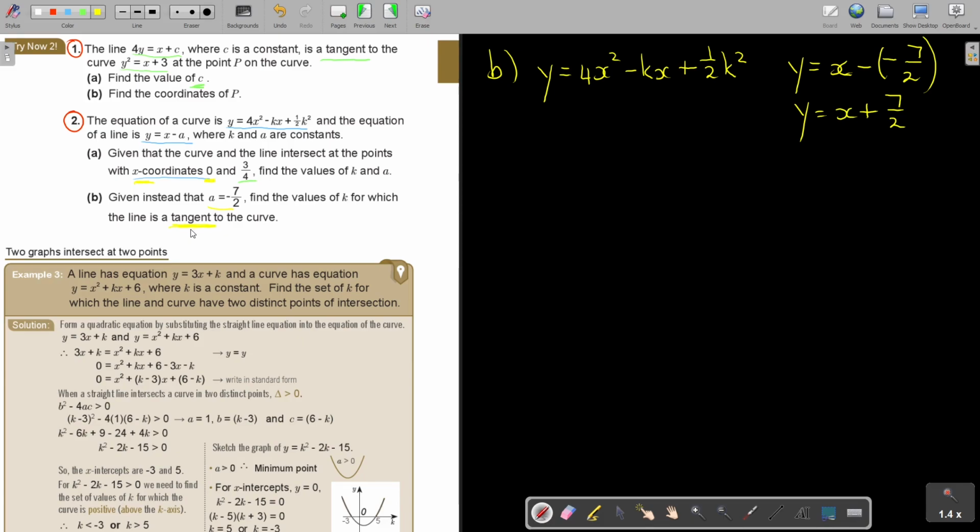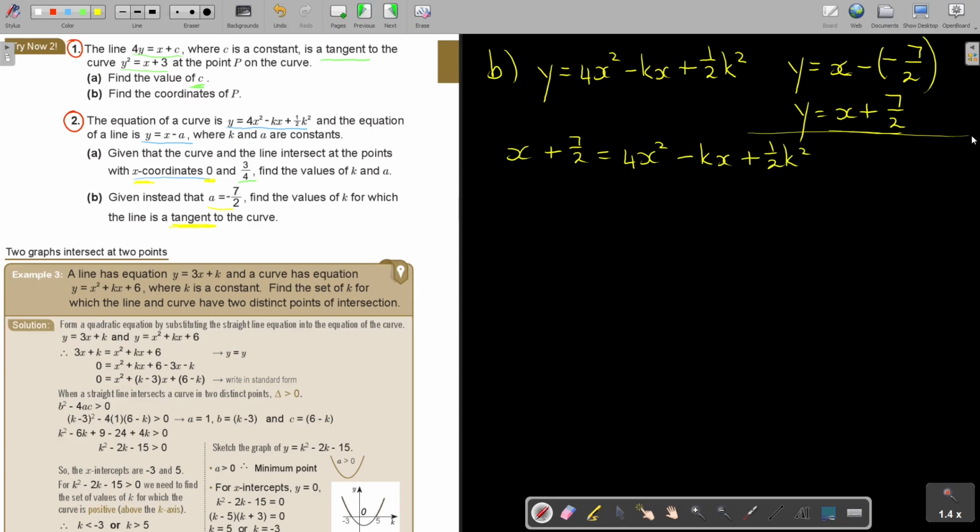So now I'm going to first substitute this equation in just like I did, but now there's a value. So it's x plus 7 over 2 equals 4x squared minus kx plus a half k squared.